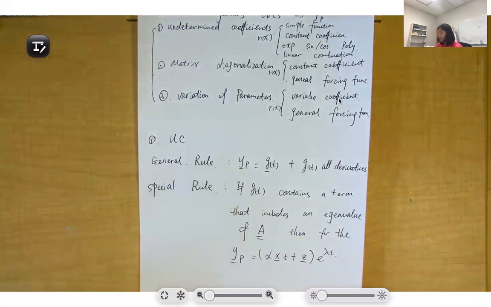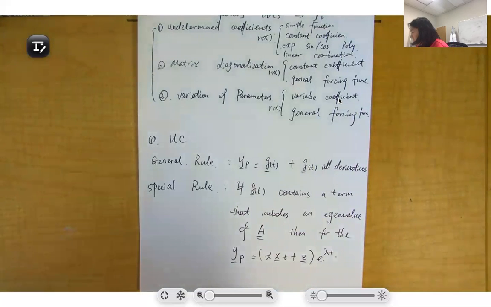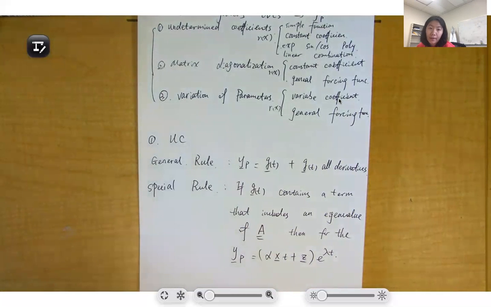Okay, e to the lambda t. So that is the general rule and the special rule, and we will make examples for this undetermined coefficient. Okay.